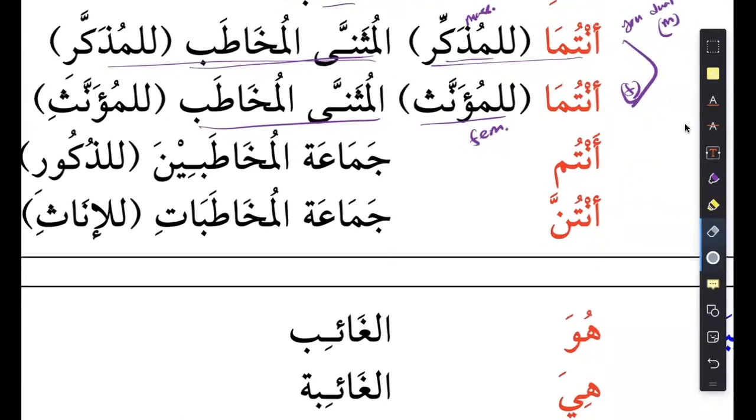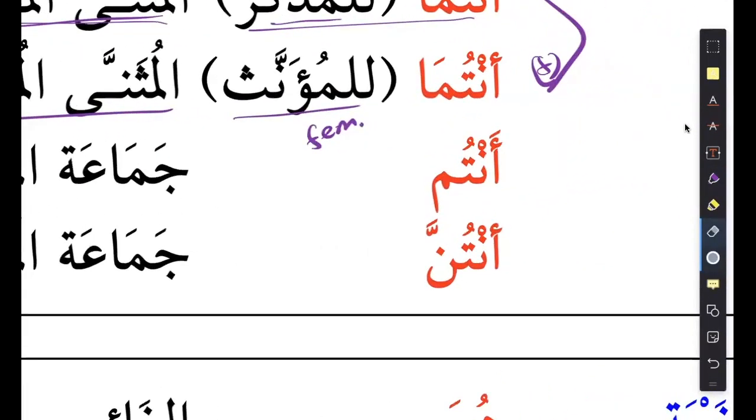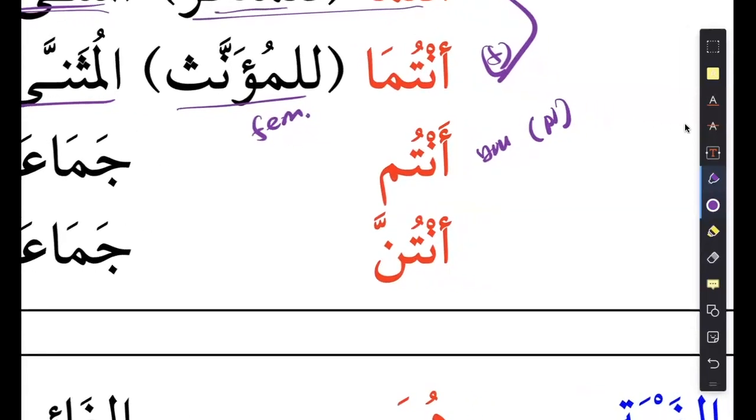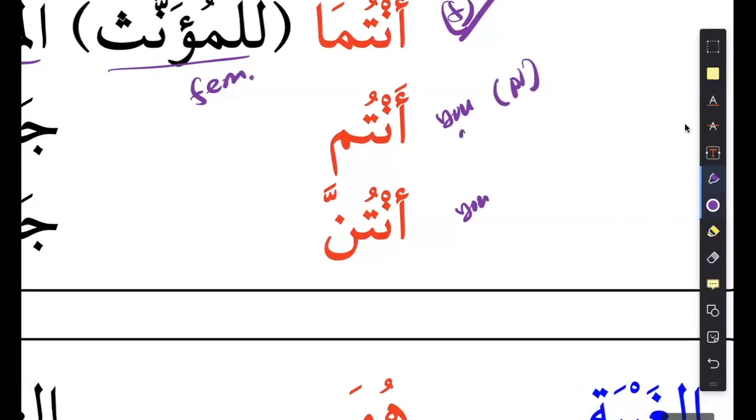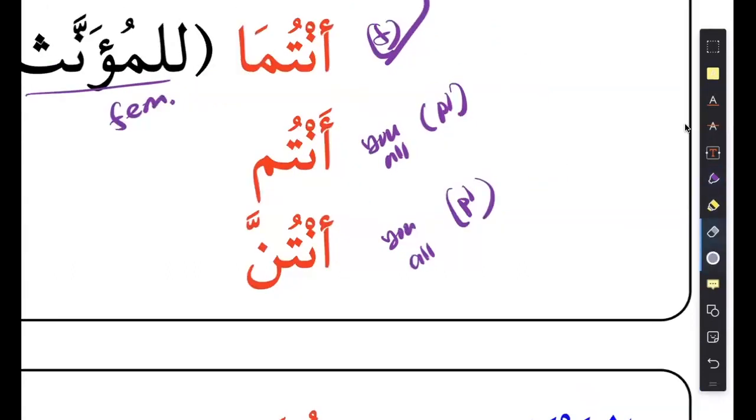Okay, then we have antum. Antum is you for plural, and you know the plural is more than two, right? Then we have you all. Antunna, so you have antunna is you all plural. Antum we use for plural masculine plus mixed, when the genders are mixed.